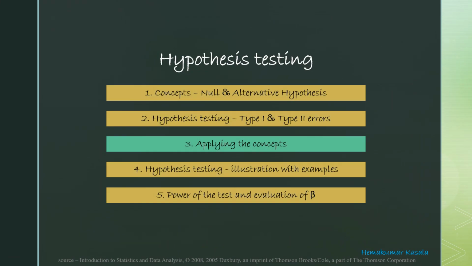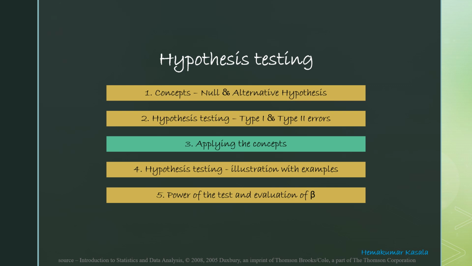That brings us to the end of the lecture on applying the concepts. We understood how to apply the characteristics of the probability distribution to decide from a sample statistic whether to reject the null hypothesis or not.